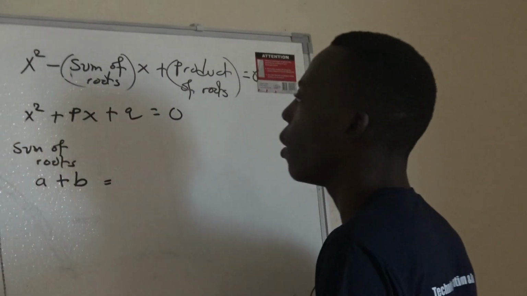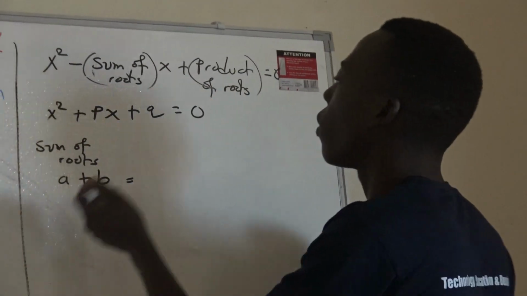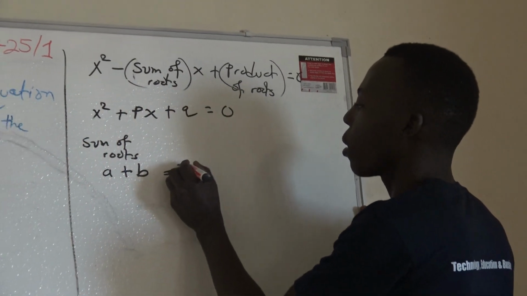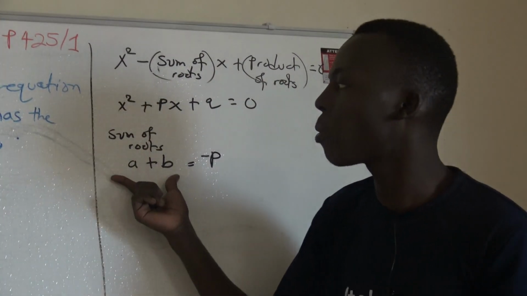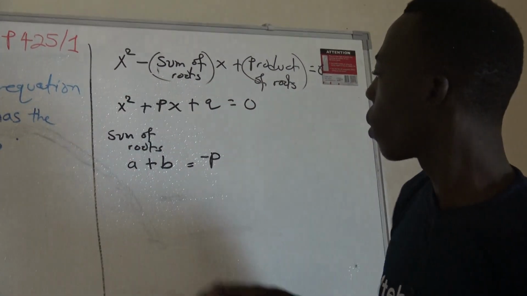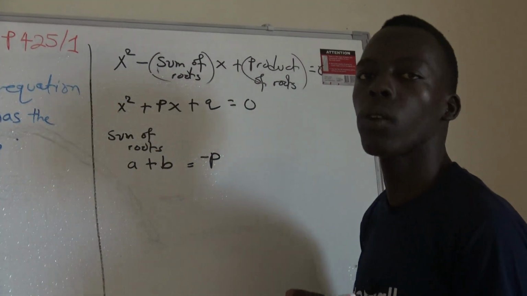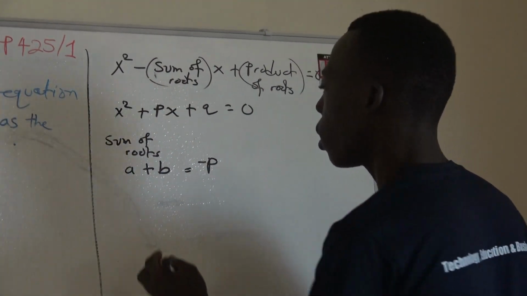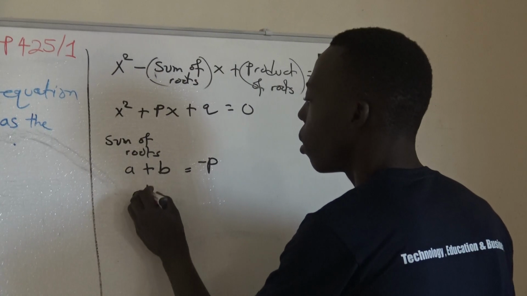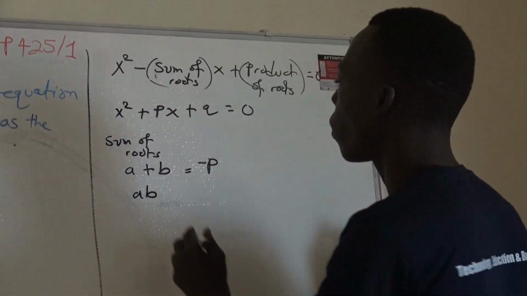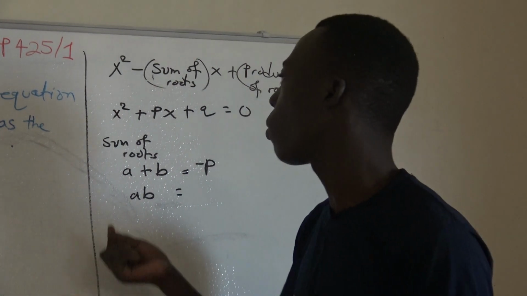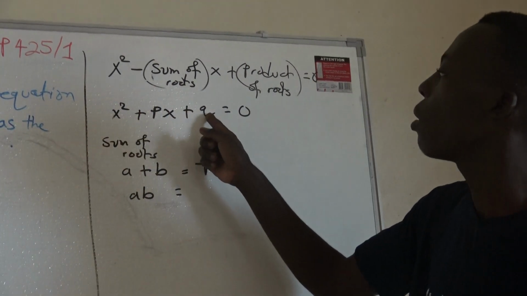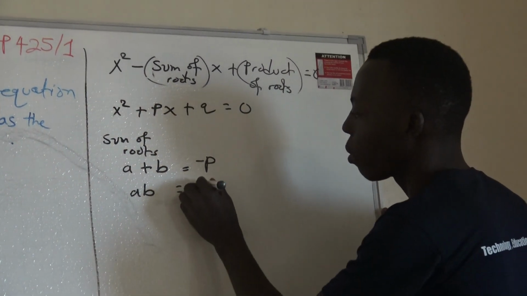That means initially, in the calculation, the sum was a negative, so you introduce a negative p. So we said you equate the sum to the sum. After getting the sum, also we have to get the product. Product, it is a times b, which is ab. So this one must give us the product, which is this one times this, which we get as q.